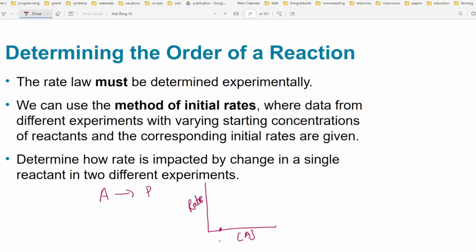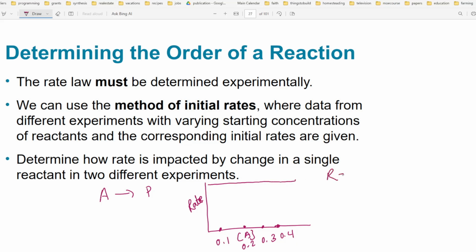So let's say this is 0.1 molar, 0.2 molar, 0.3 molar, and so forth. So increasing the concentration in aliquots, and then we measure the rate at those aliquots. So we'll only measure the rate for a small period of time after we add a little bit of the starting material. So if we have a zero order reaction, the rate does not increase.